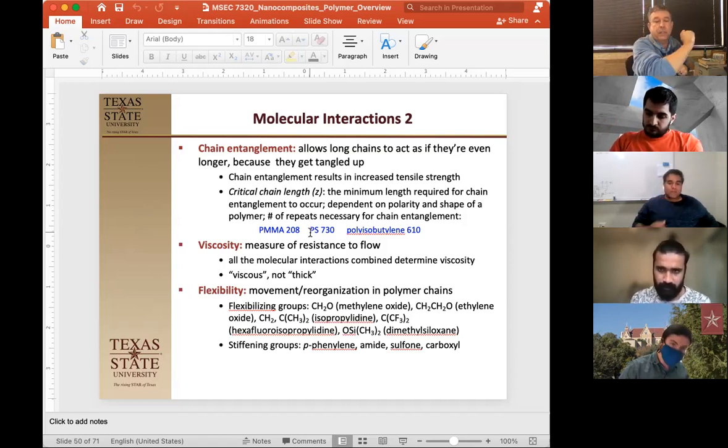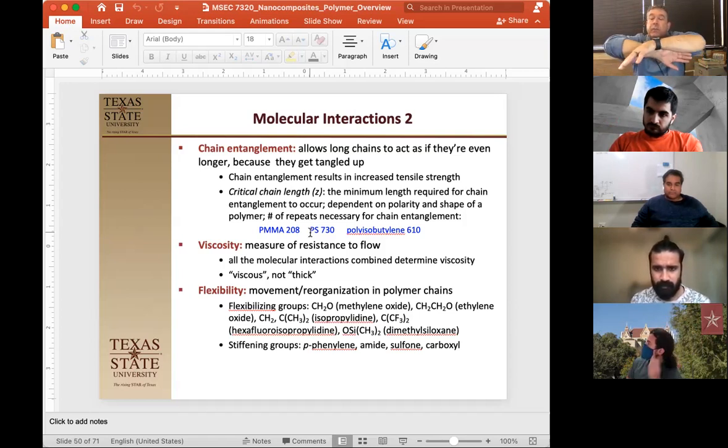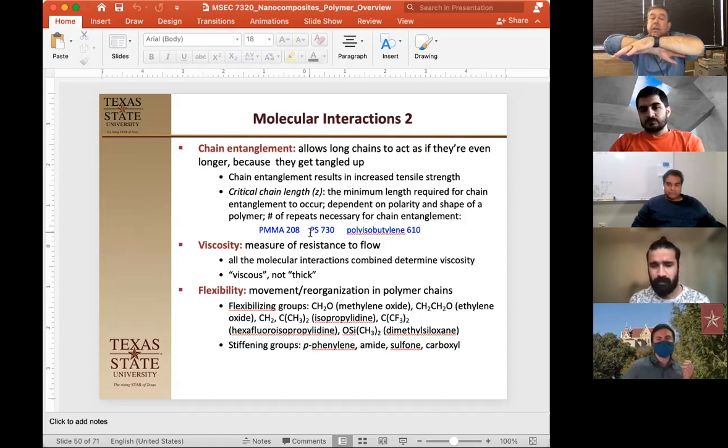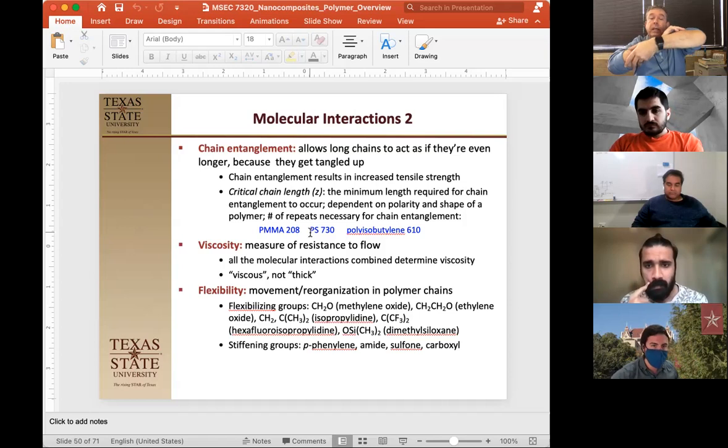And the last thing I want to talk about is flexibility. Flexibility is different where, for example, in the case of polypropylene, you can have your chains all mixed together. You can do some kind of deformation, and then the chains will have enough energy to slowly move around and reorder themselves.